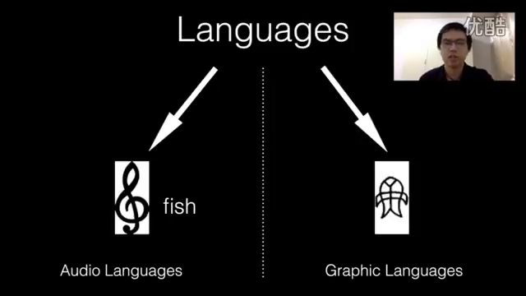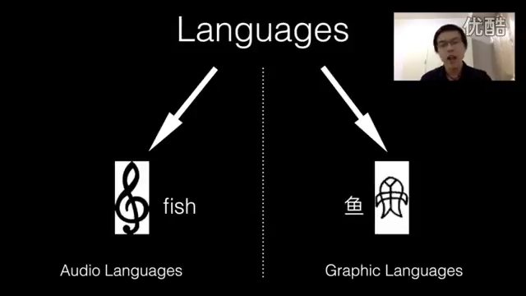If I give you the word fish, you can probably read it, because the word fish, F-I-S-H, represents the pronunciation. So you can get the pronunciation from this word, but you probably cannot understand what it means, right?